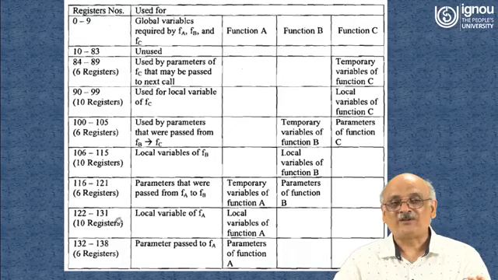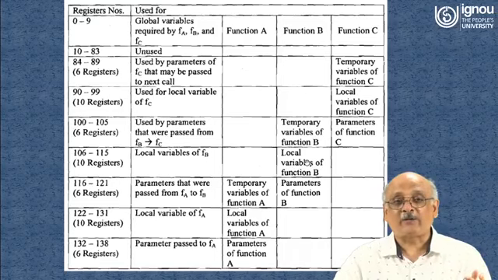So there is no need to even touch those registers. Whereas in the case of complex instruction set computers, this area would be utilized by function B, and then obviously they need to be stored somewhere so that we can restore the context when function B terminates. So this is not required anymore in the case of a reduced instruction set computer.